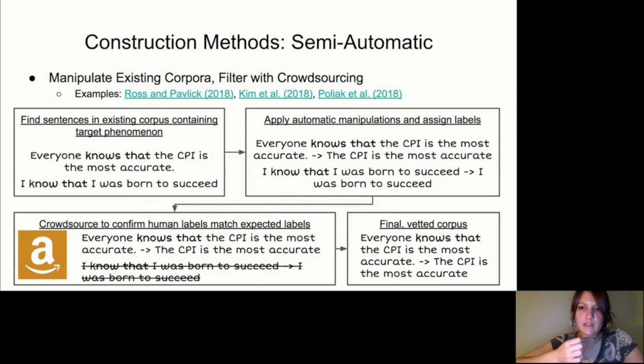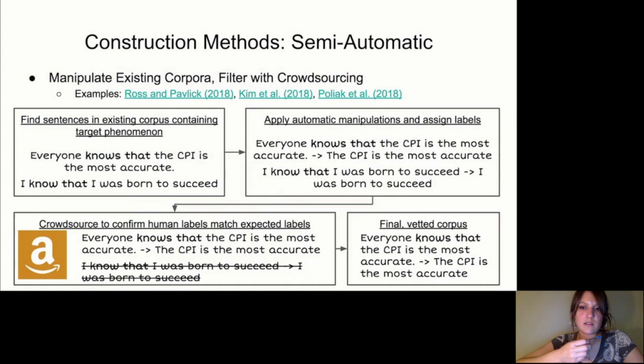From everyone knows that the CPI is the most accurate, we can pull out the CPI is most accurate as the complement clause, and we can generate natural language inference pairs that way. This doesn't require any manual construction of sentence pairs because we're using naturally occurring sentences and automatic parsers. And we have linguistic theories that tell us what the label on the sentence pair should be, that it should be entailed or not entailed, depending on the factivity of the verbs.